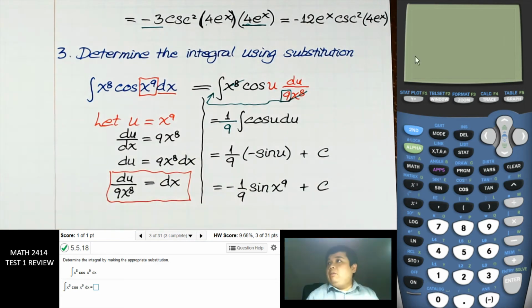Right. So let's see, 1 forward slash 9 sine x to the 9 power plus c.